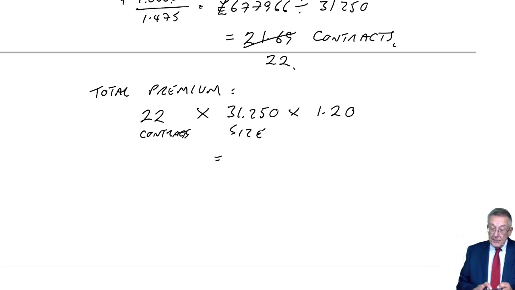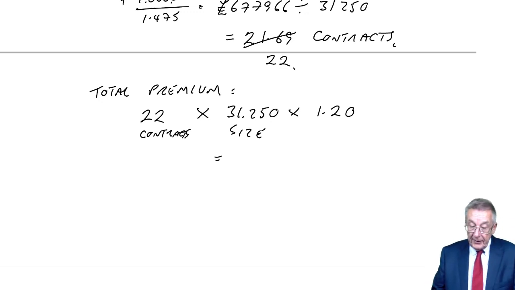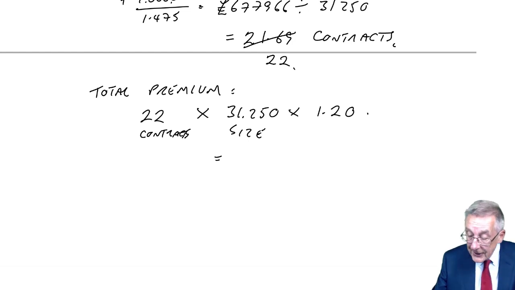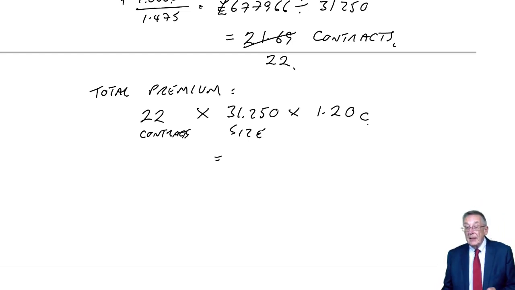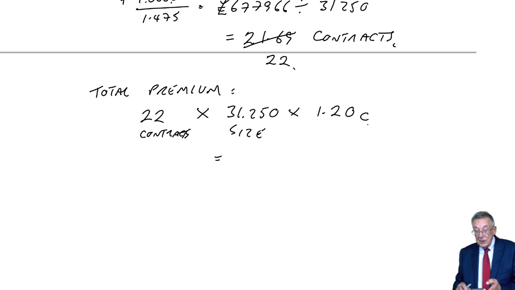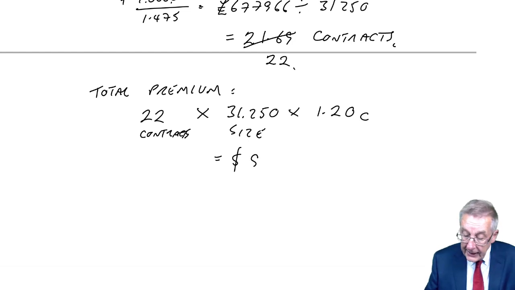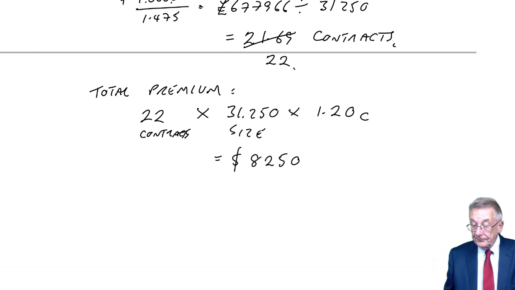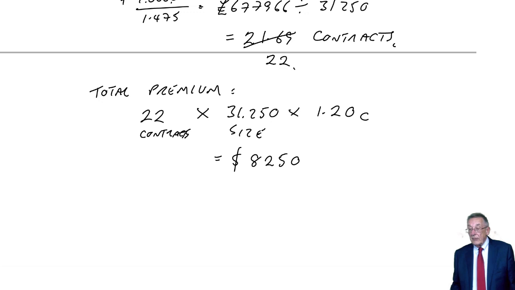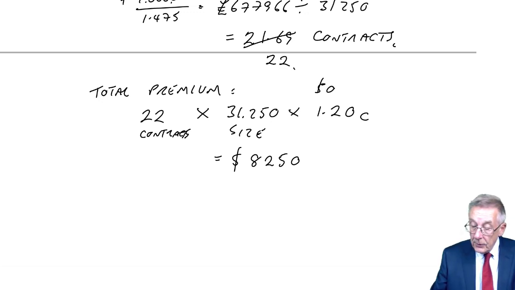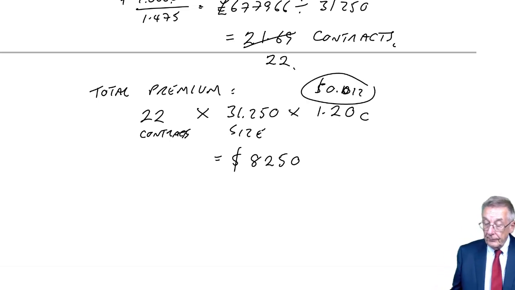And so how much does it come to? 22 times 31,250 times, well, 1.20 cents, remember, is $0.012. It comes to 8,250. Remember, the premium is quoted in cents, so 1.2 cents again is 0.012 dollars. No problem.